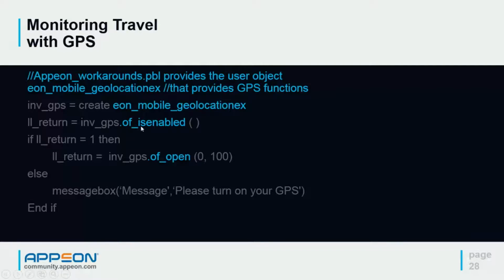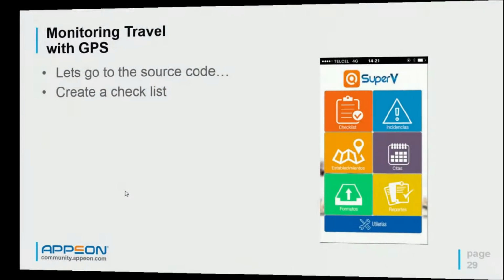If the function is enabled, then you just open the service. If the function is not enabled, then it will send a message and tell you to turn on your GPS. So that's basically what you need to do.